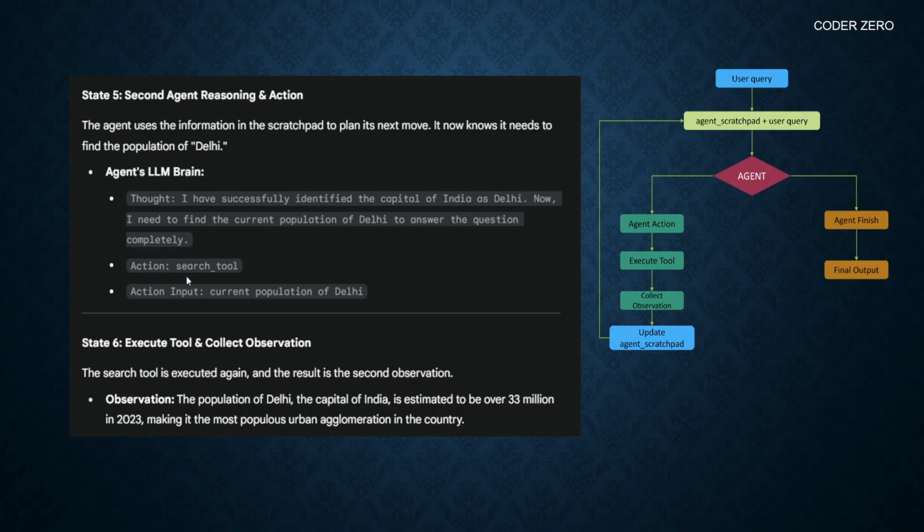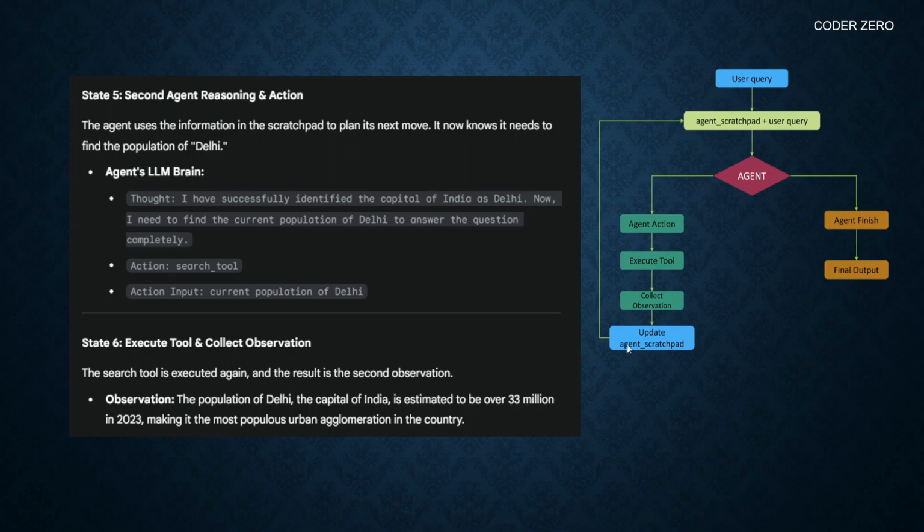Then the action is again the search tool, but here the action input would be current population of Delhi. Now we execute the tool and collect the observation. The observation is: the population of Delhi, the capital of India, is estimated to be over 33 million in 2023, making it the most populous urban agglomeration in the country.